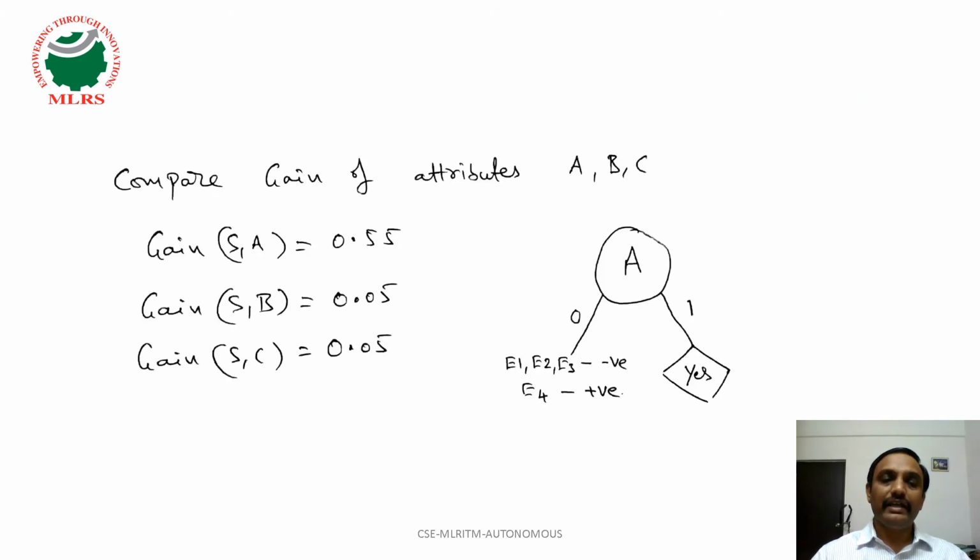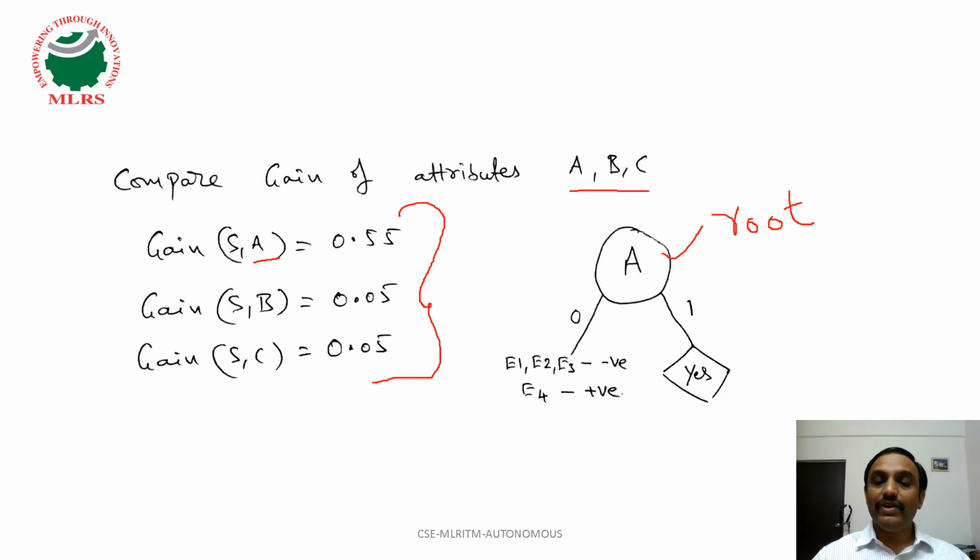After calculating the information gain of all the attributes, we have to compare which attribute has the maximum gain. So here attribute A has the maximum. So we have to take A as the root node of that particular decision tree. After that, we have to find the descendant nodes.